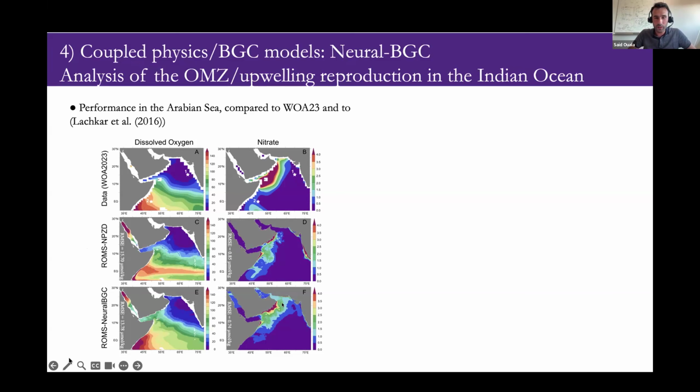We were also able to simulate a good nutrient bloom when compared to the observations with the hybrid model, but we were not able to simulate the correct oxygen minimum zones. We didn't get the volume of the OMZ right, and even the intensity was good, but not as intense as the one simulated by ROMS NPZD and also in the observations.